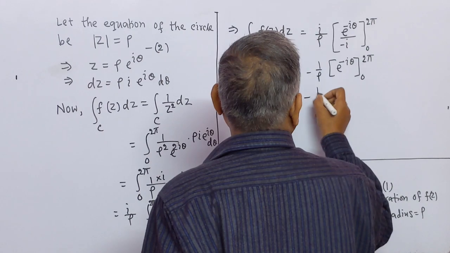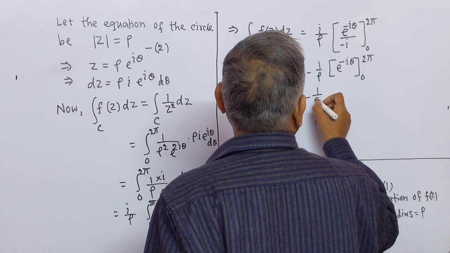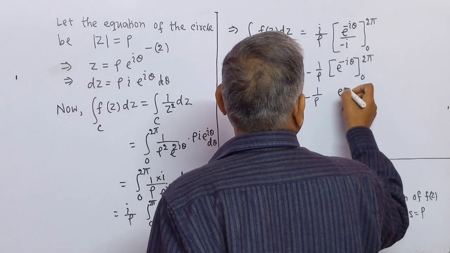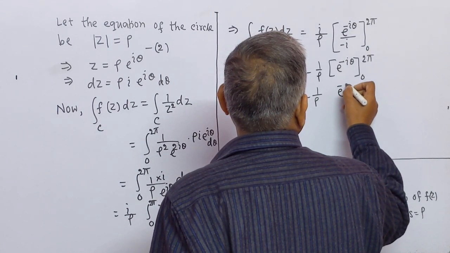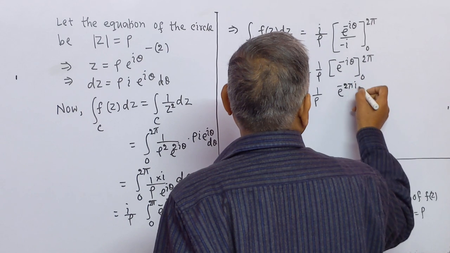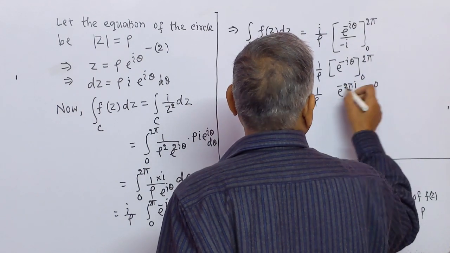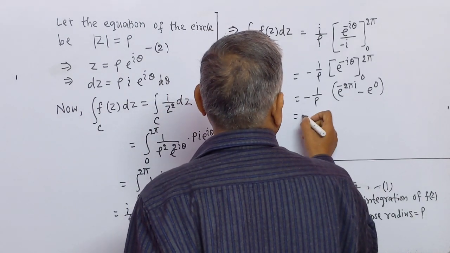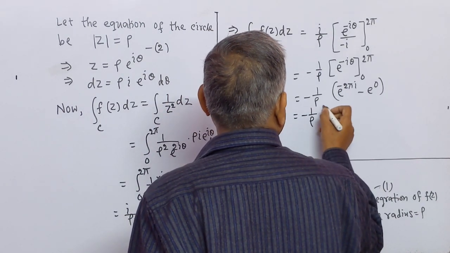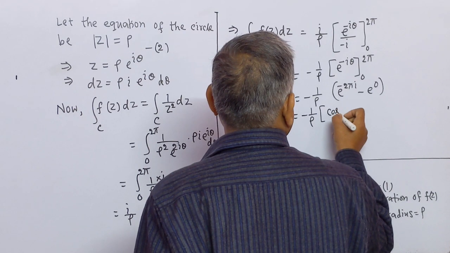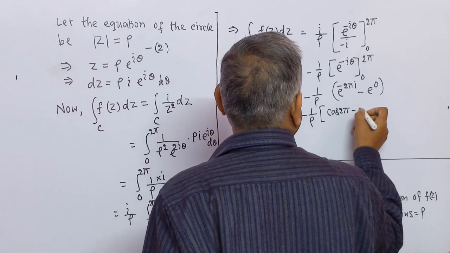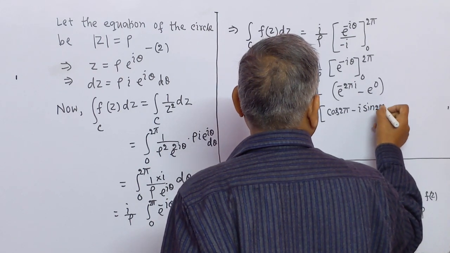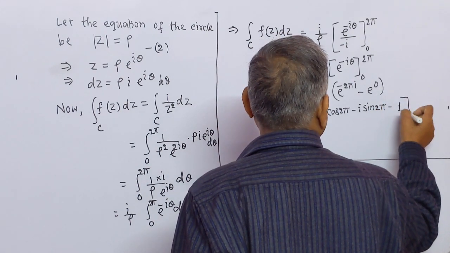This equals minus 1 by rho, e to the power minus 2 pi i minus e to the power 0. This equals minus 1 by rho, cos 2 pi minus i sin 2 pi minus 1, e to the power 0.